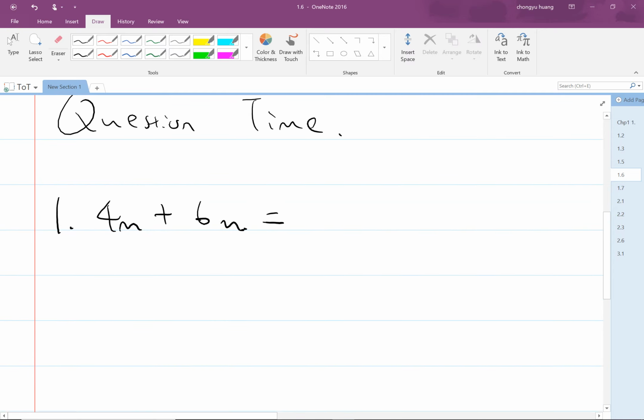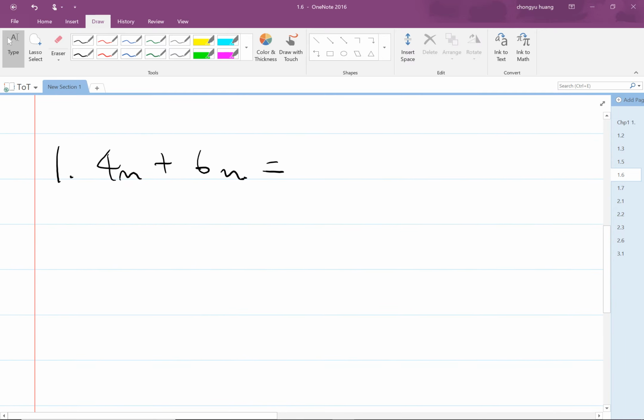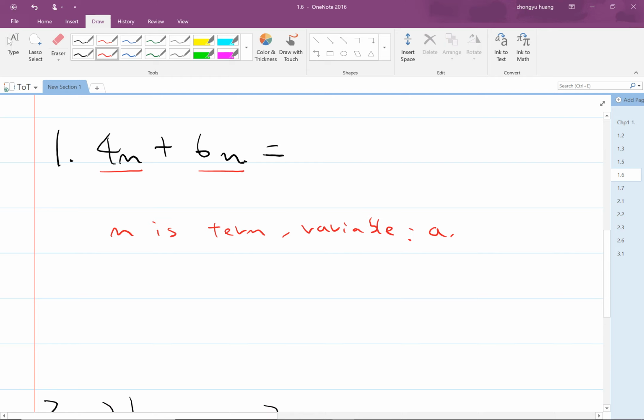What you can see over here is 4m plus 6m. The m is a term, or you can say it is a variable, just like a, b, c, those kinds of things. Here it is a term, and it's a variable.